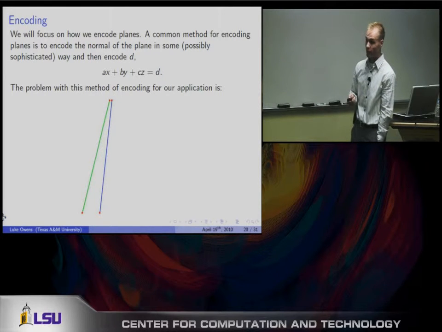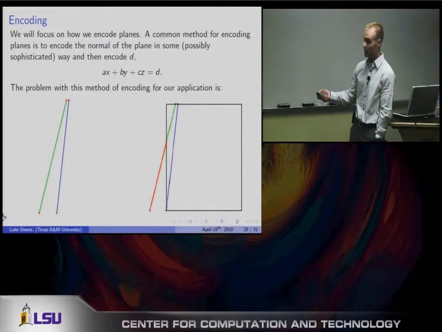But then he realized this problem with encoding the normals. The green is the true plane. The blue is our encoded plane. Pretty good fit, right? But then you put this thing into a dyadic cube. What just happened? Suppose all the data was on that green plane. So the green is the true plane. It fits well, right?